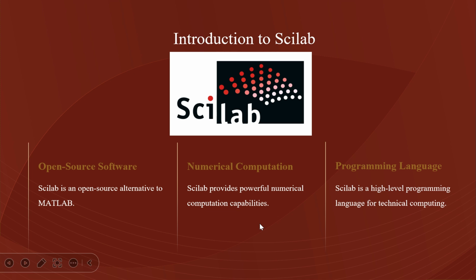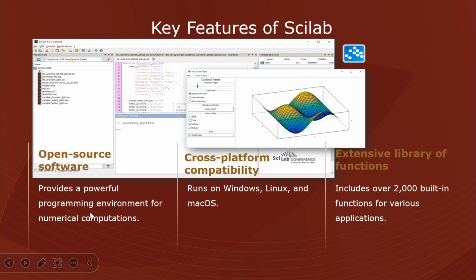And finally, Scilab is, of course, a high-level programming language for technical computing. So just like Python or C or any other programming language out there, Scilab is also a programming language, but the difference is, unlike Python, it is precisely tailored for specific fields of study like science and engineering. Python is very wide and broad.